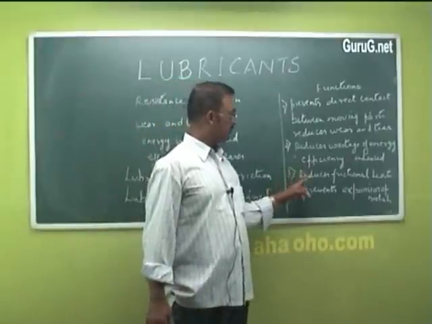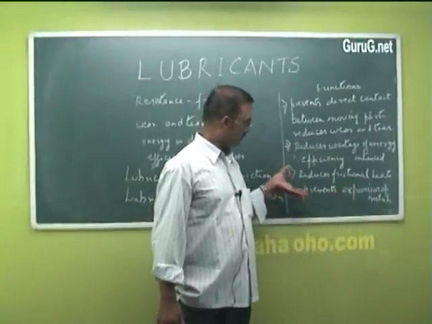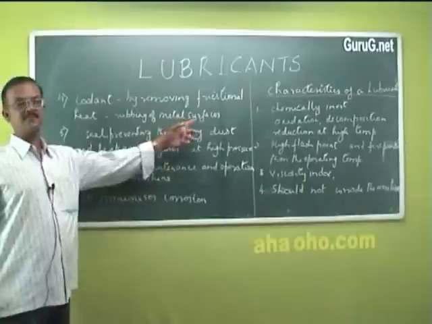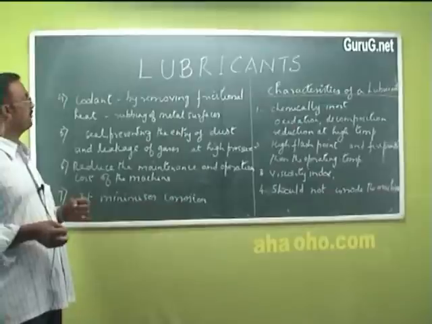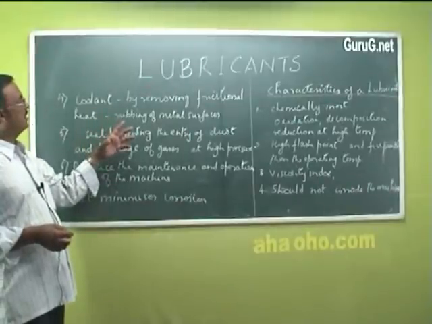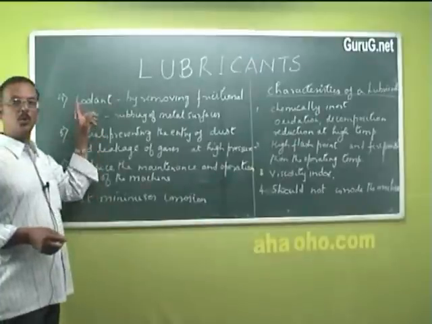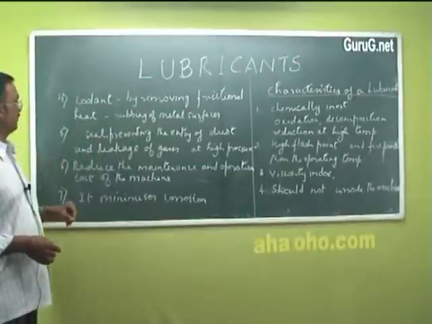Third, it reduces frictional heat, and this prevents expansion of the metal. In machines, when metal surfaces rub against each other, it produces a lot of friction and heat. The frictional heat can be removed by lubricants, or lubricants act as coolant by removing the frictional heat.